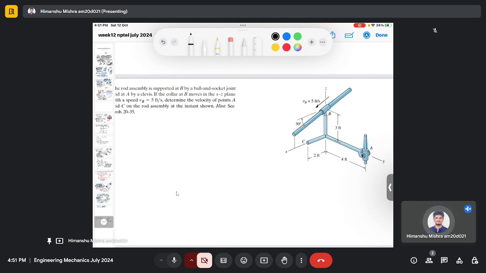You can interpret which concept you have to use. You are already given the velocity of point B, and you are asked to calculate the velocity at points A and C, which means you need to use the relative velocity concept.